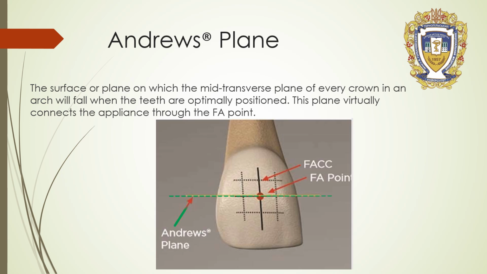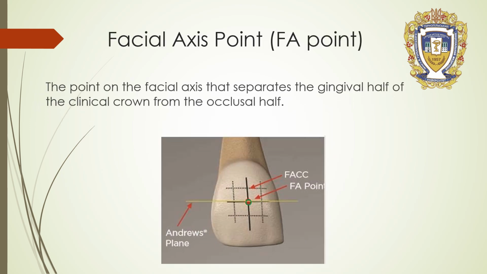This plane virtually connects the appliances through the FA point. What does it mean, facial axis point or FA point? It is the point of the facial axis that separates the gingival half of the clinical crown from the occlusal half.